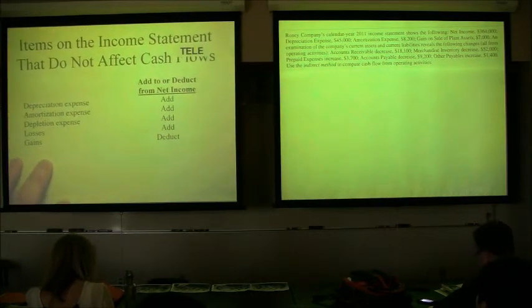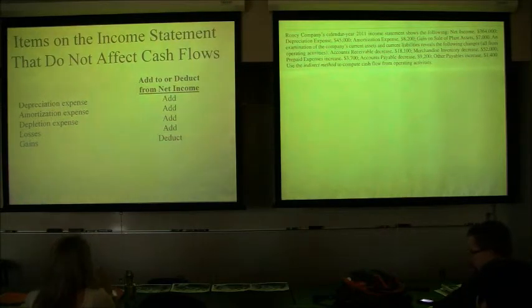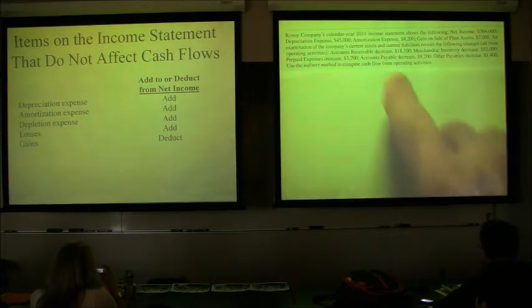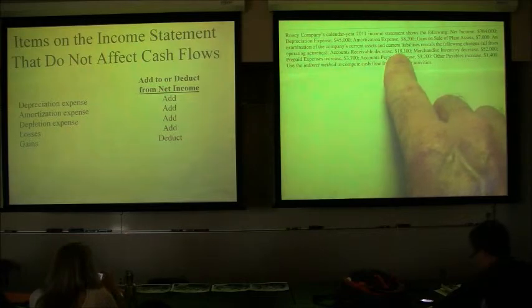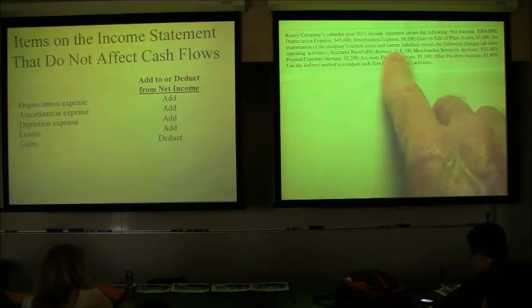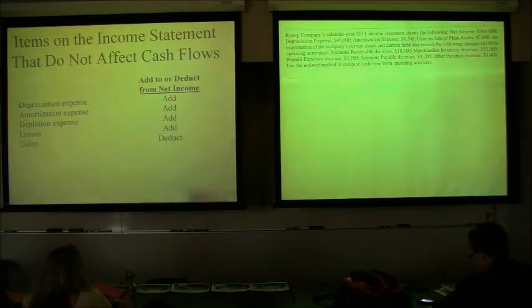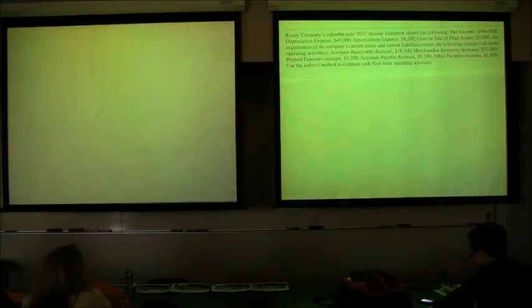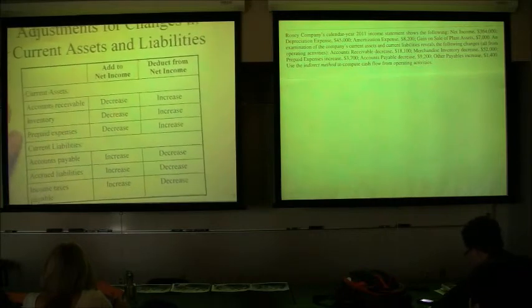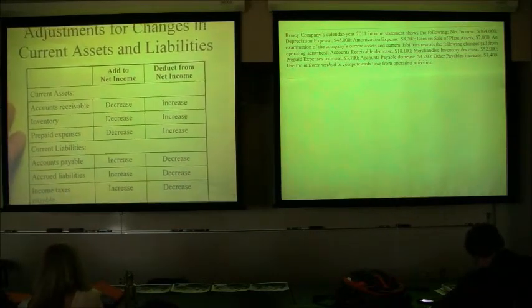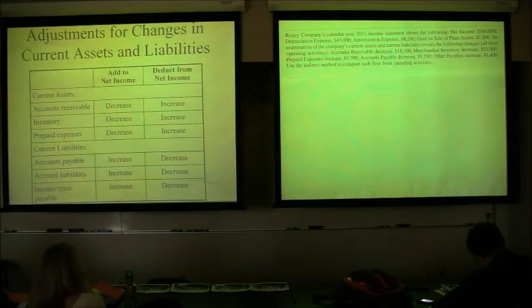There are items in the income statement that don't affect the cash flow, all right? Then they talk about current assets and current liabilities. They tell you accounts receivable decrease, merchandise inventory increase. And of course, here's the pattern they follow, okay? So you adjust for them. Use the indirect method.